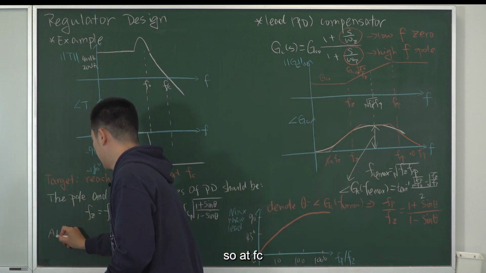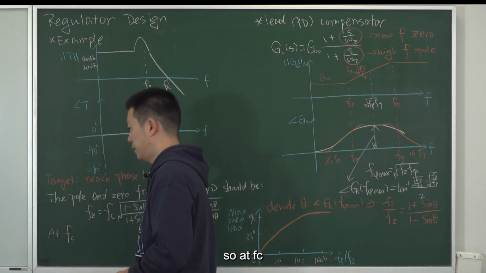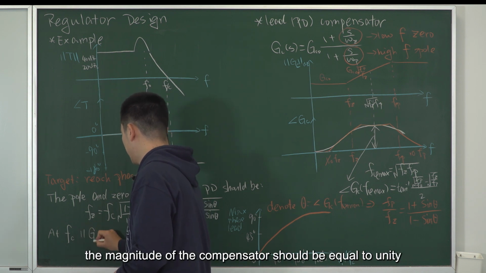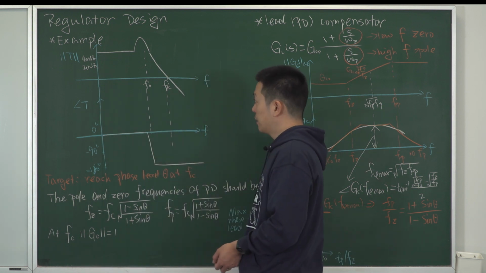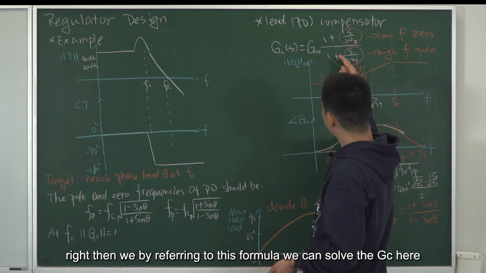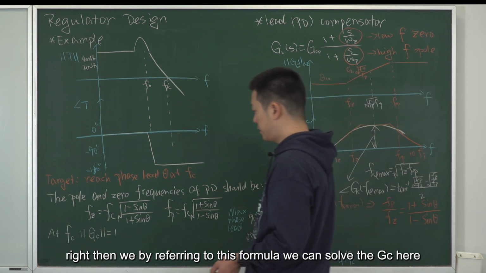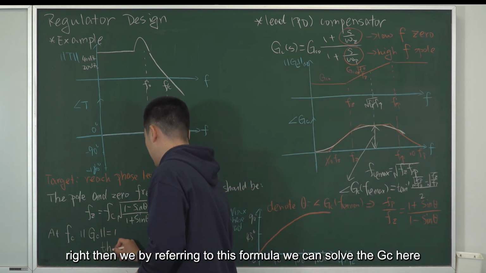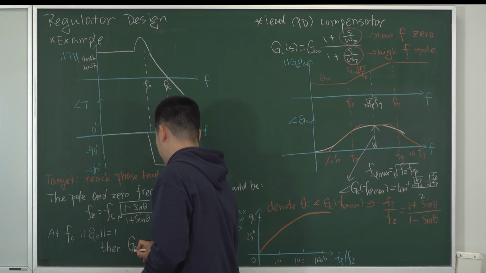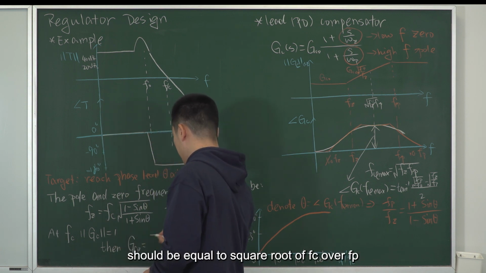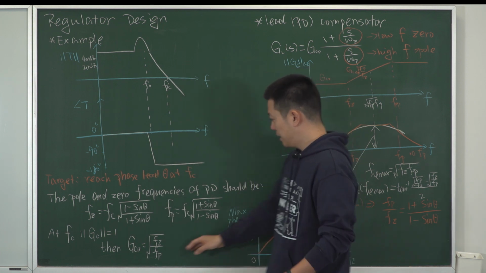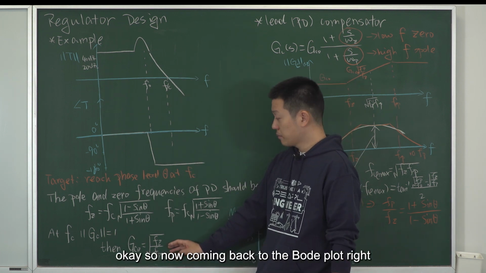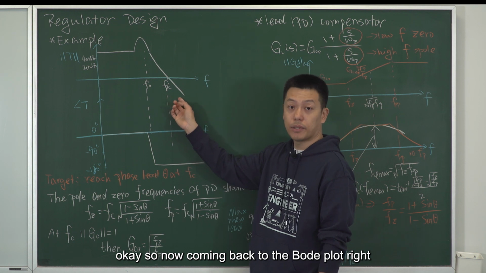So at Fc, the magnitude of the compensator should be equal to unity, right? Then by referring to this formula, we can solve that Gc0 should be equal to square root of Fc over Fp.